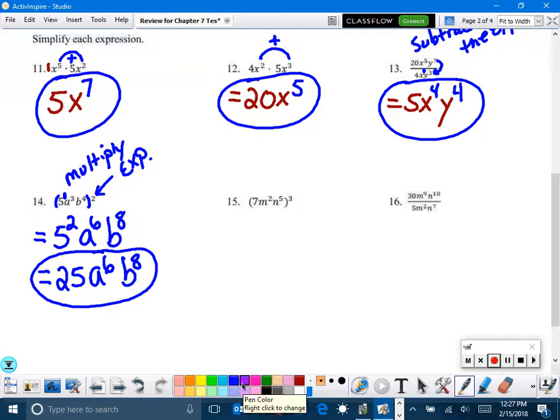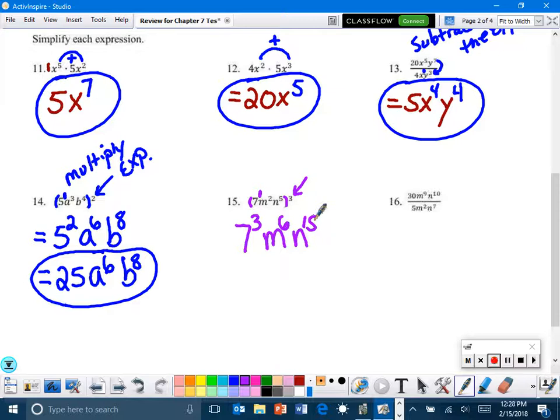Same thing with number 15. Okay, again, that 7 has an exponent of 1. So when I multiply my exponents, again, you have parentheses here, and there's a 3 there. It's going to be 1 times 3, which is 3. So 7 to the 3rd. M to the 2 times 3 is 6. N, 5 times 3 is 15.